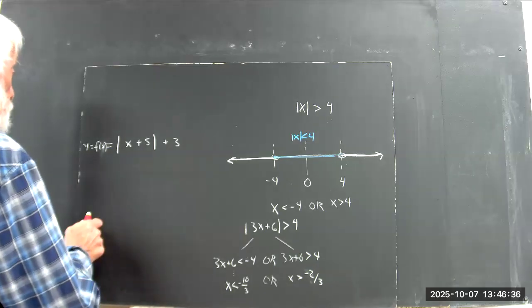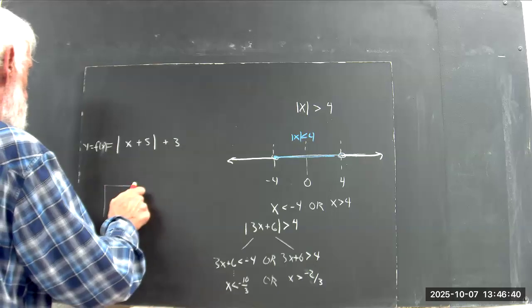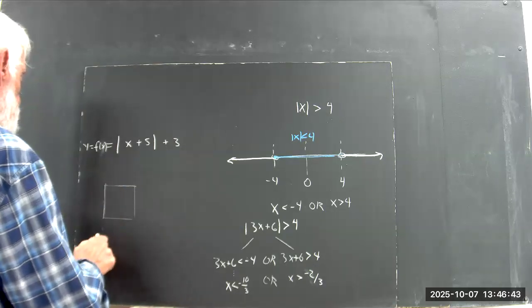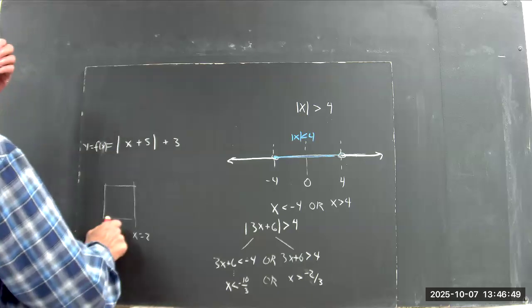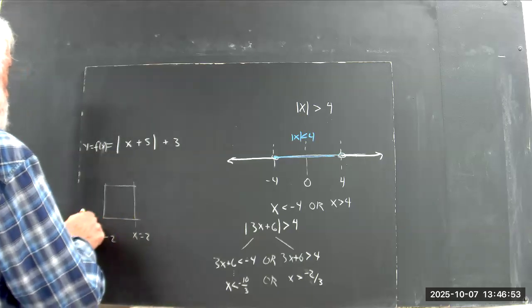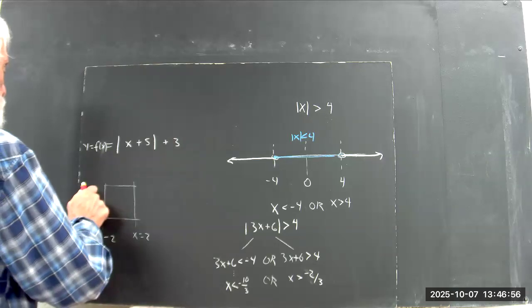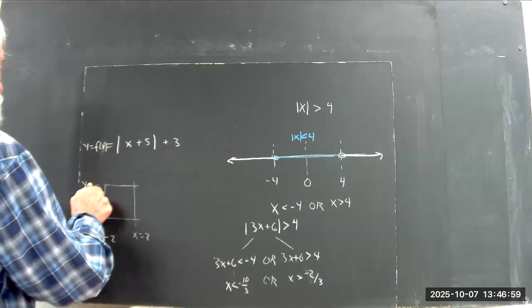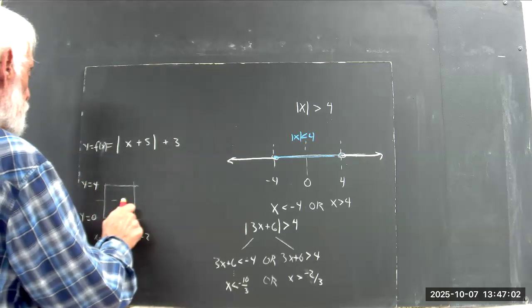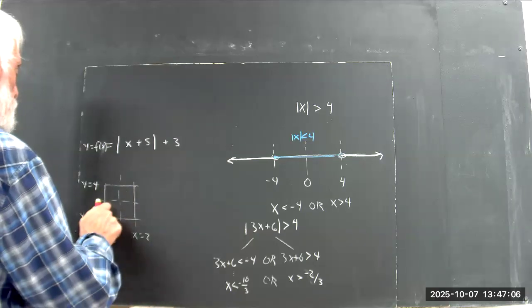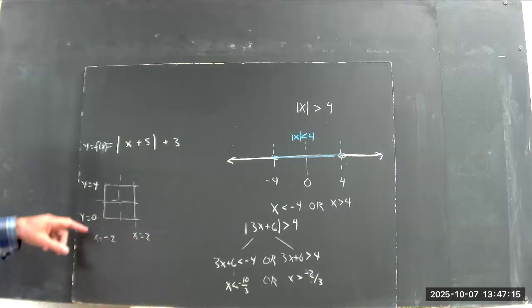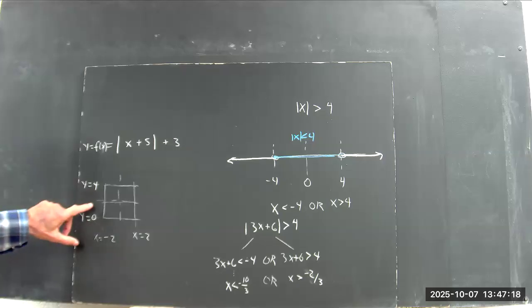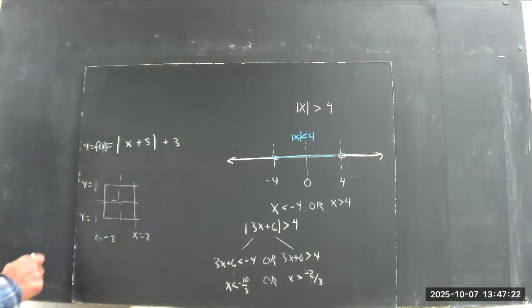Your toolkit absolute value function, you really need in a 4x4 window from x equals -2 to x equals 2, from y equals, I'm sorry, I had it from 0 to 2.